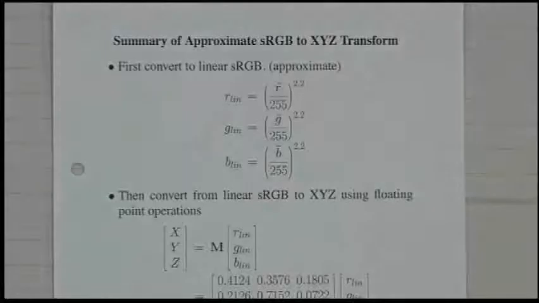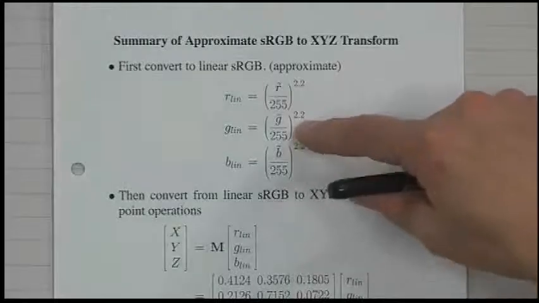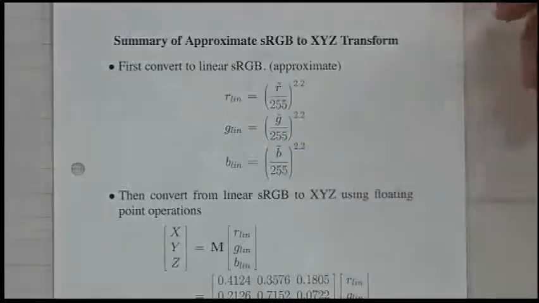So they're gamma corrected, and to the first approximation, gamma correction is just a power law relationship. Of course we talked about gamma, so it's just like gamma correction for achromatic signals, only you do it individually to the RGB components. So you divide them by 255 and raise them to the 2.2, and 2.2 is kind of the agreed upon standard.